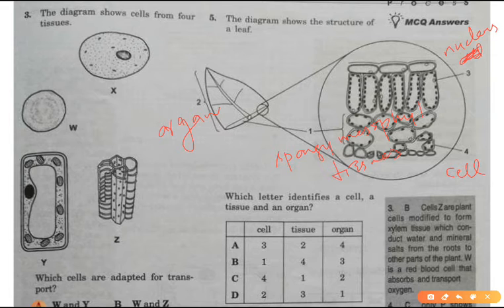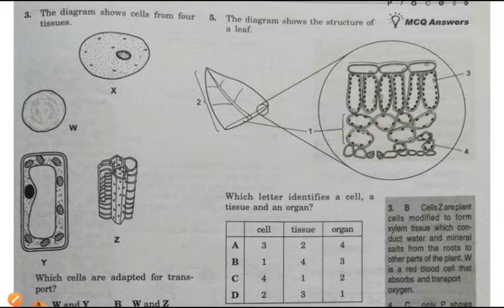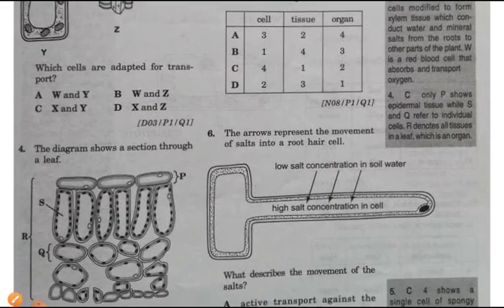Now C, according to C, 4 is cell, 1 is tissue and 2 is organ, and this is our right option. Because yes, look at the diagram, 4 is cell, 1 is tissue and 2 is organ. So option C is our right option for question number 5.